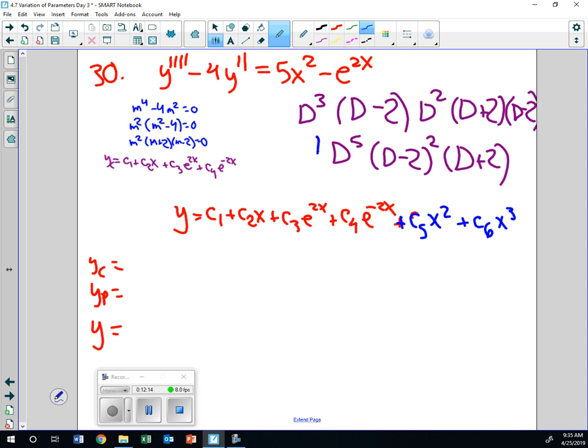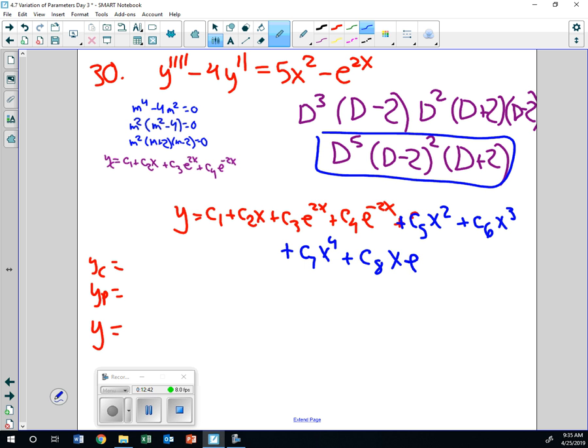What else do we have to add? Because we're to d to the 5th, we have to have a c7 x to the 4th, because we're all the way to the 5th now. d minus 2 squared. Now d minus 2 squared, I had a d minus 2, so I need a c8 x e to the 2x.